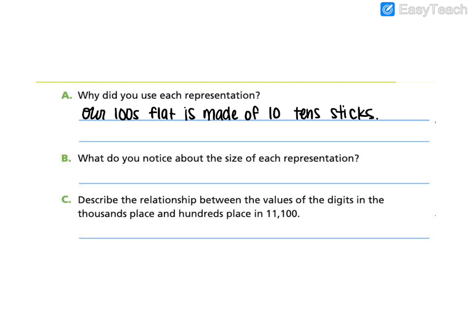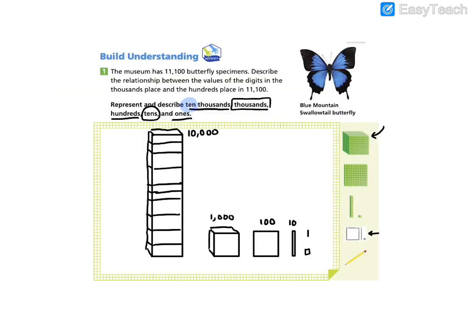So we look at question B. What do you notice about the size of each representation? Well, I'm going to go back to my picture, right? We started with a smaller one, then it got taller, then wider, and then it got three-dimensional, right? When we get to the 10,000s, it gets even taller again.